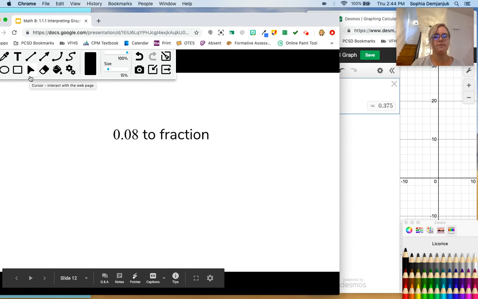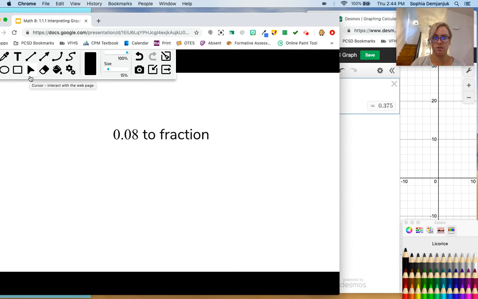Now your turn, I'm going to have you take 0.08 and turn it into a fraction. There's 2 spots right here, the tenths, and then it goes all the way to the hundredths place. So I'm going to take 0.08 and put it over 100.